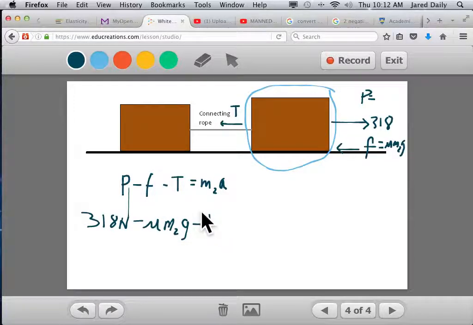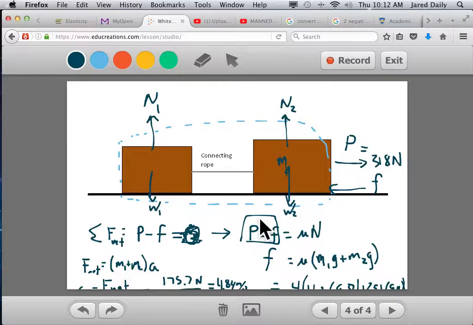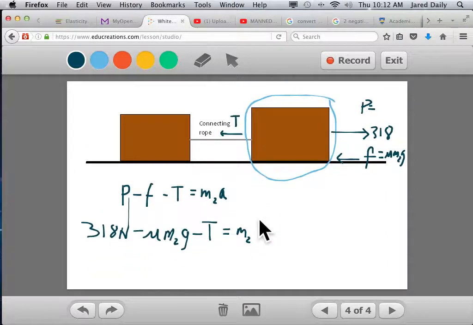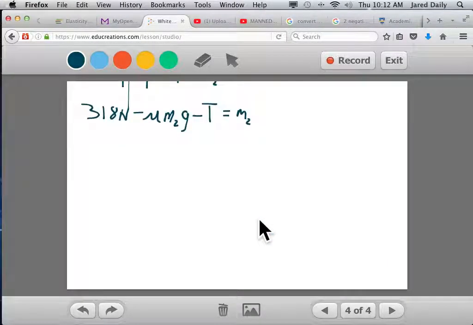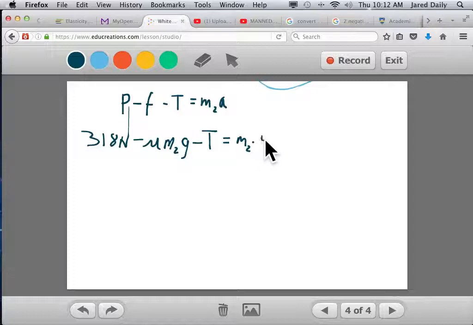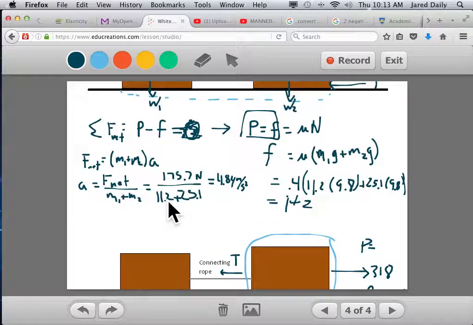Then minus T, which we don't know, equals mass 2, which we know, times the acceleration we got from the first part of the problem, 4.84 meters per second squared. And we plug in our numbers. So I've got 318 is my first force, minus the mu, which was 0.4, right? My mass for mass 2 was 25.1.